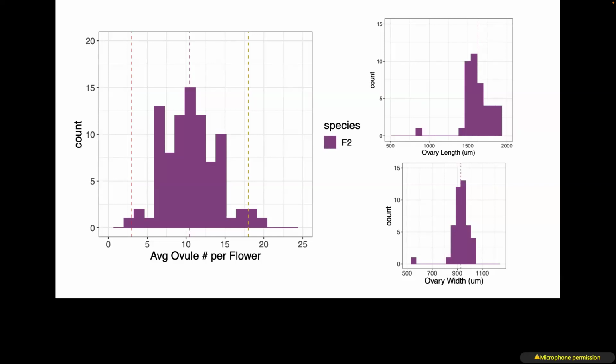This is ovules per ovary, not per locule. And so we see that we're producing both of the parental types within the F2 population. However, the distribution is relatively normally distributed. And this indicates to me that there's likely many small effect loci controlling ovule number variation in my F2 population, as opposed to if I were to find something that's segregating much more Mendelian.